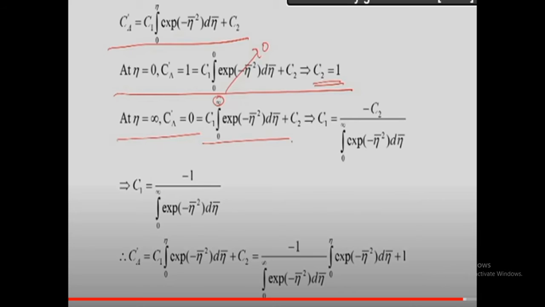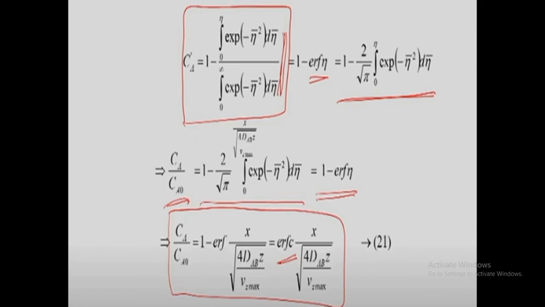Substitute in the main expression, CA dash is equal to c1 into integration of 0 to eta exponential of minus eta square d eta plus c2. So here substitute the c1 and c2 values. This is the final expression: minus 1 by integration of 0 to infinity exponential of minus eta square d eta, times integration of 0 to eta exponential of minus eta square d eta, plus 1. Okay. From that CA dash is equal to 1 minus this value.